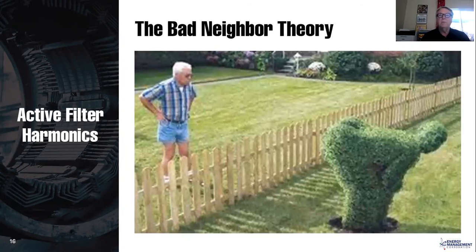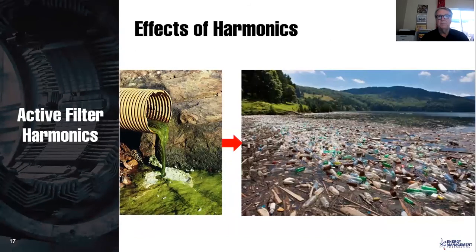But as we'll talk about later, we do have IEEE 519, which we'll address briefly. And in general, what we want to do is clean up the system rather than simply allow the system to become polluted and put on devices that are capable of existing in a high pollution, high harmonics atmosphere.